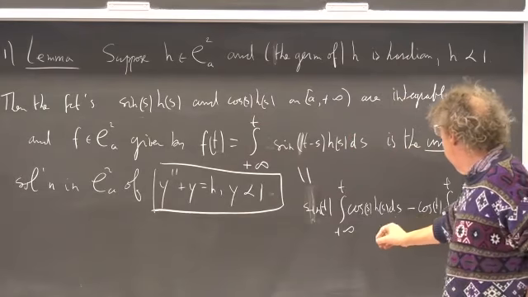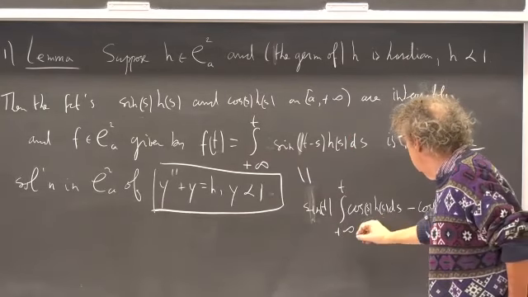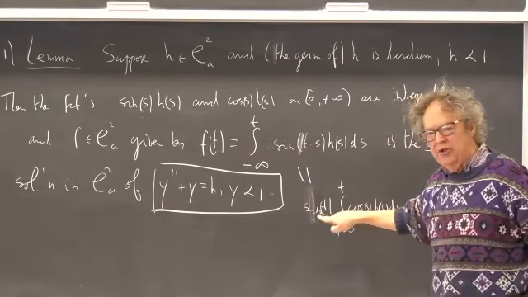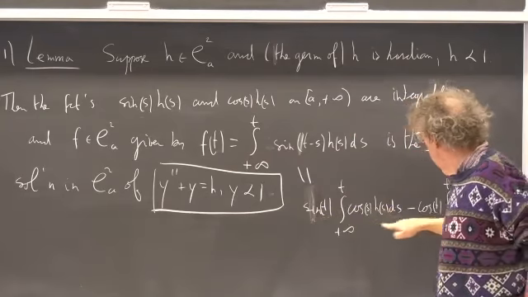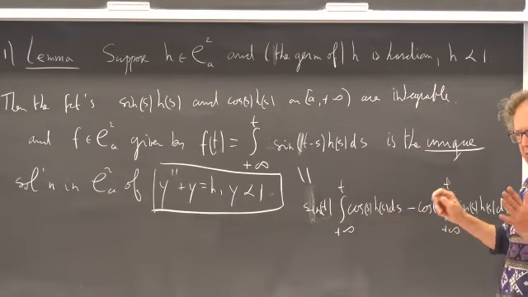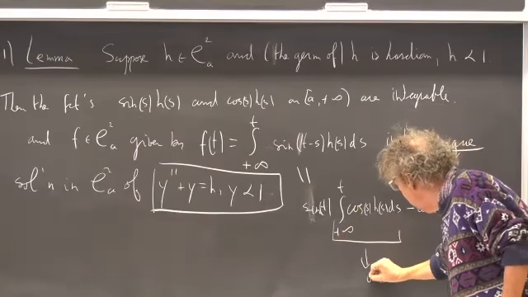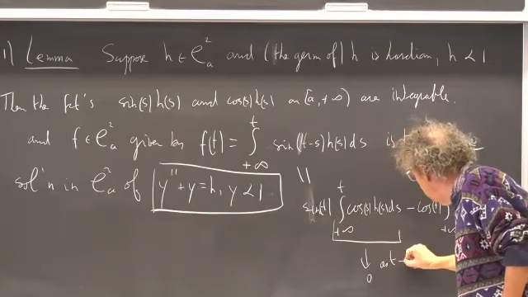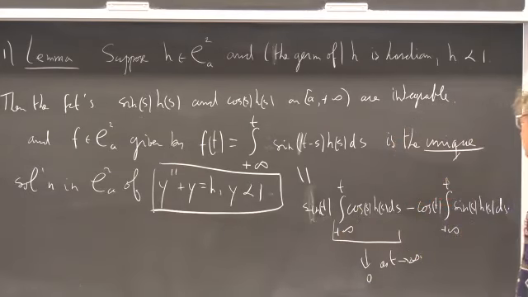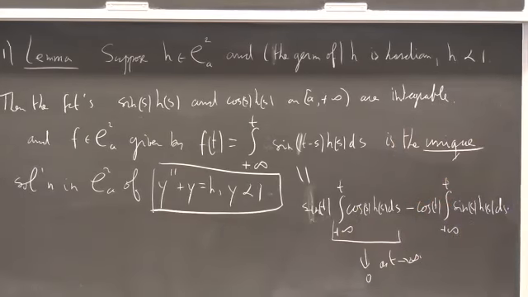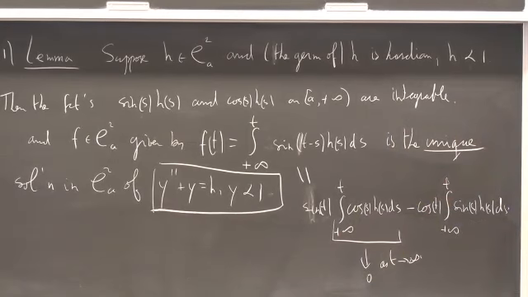Okay, now this remains bounded. Sine t and cosine t remain between -1 and 1, but this integral goes to 0 as t goes to infinity. Well, because the limit, how shall I say that?